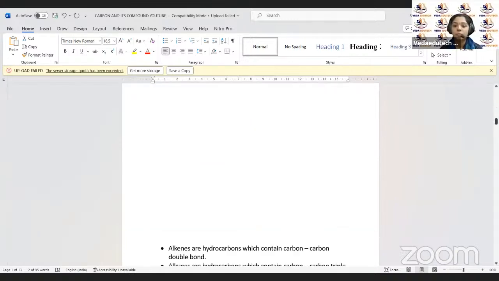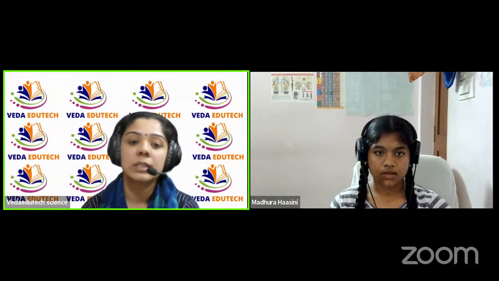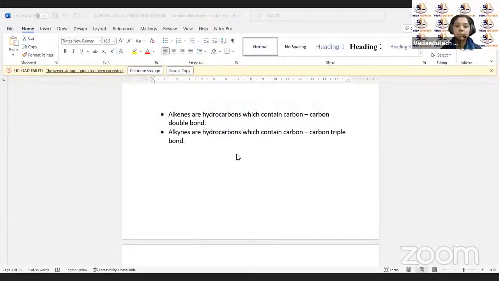Now, move to the next. When I'm talking about alkanes, they have only a single bond between carbons. But when I'm talking about alkenes and alkynes, they have a double bond and a triple bond.